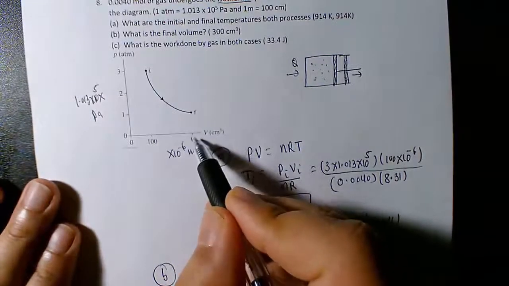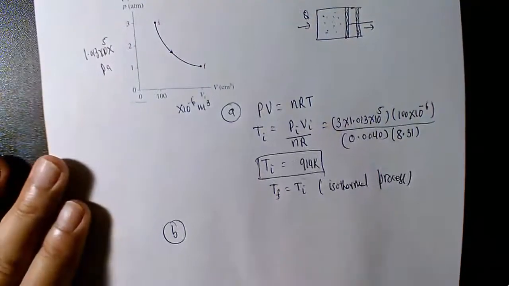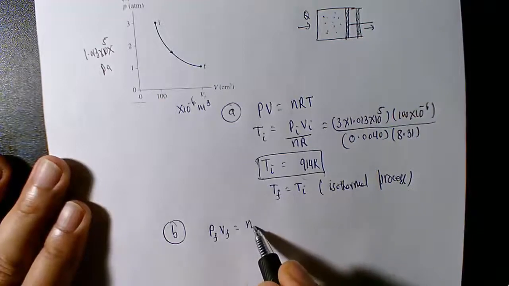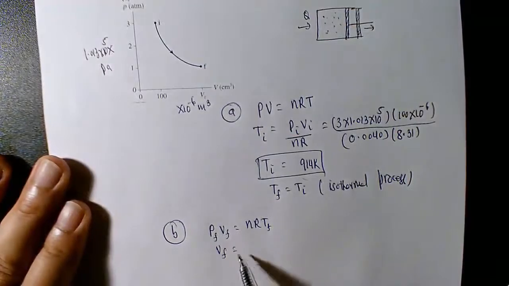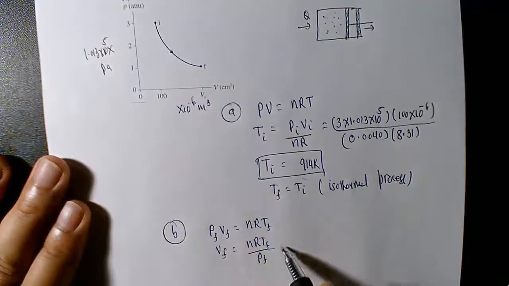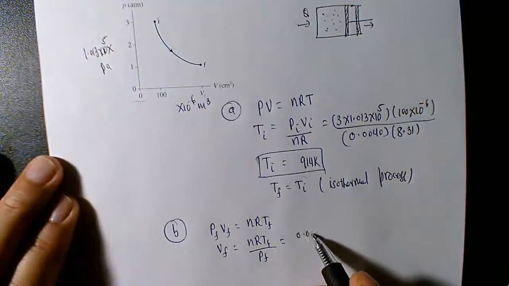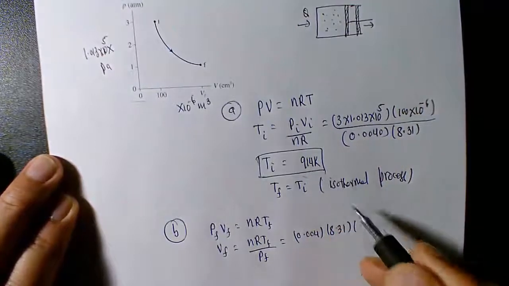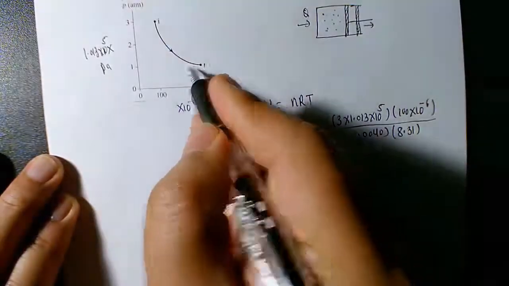Because on this scale, as you can see, the final volume of the gas is not given. So what's the final volume? Again, you can use the same formula. P final V final is nR T final, everything has to be final. Then we're solving for V final, which is nR T final divided by P final. So V final will be 0.004 times 8.31 times the temperature, final temperature and initial temperature being equal, divided by P final, which is given as 1 atmosphere pressure.